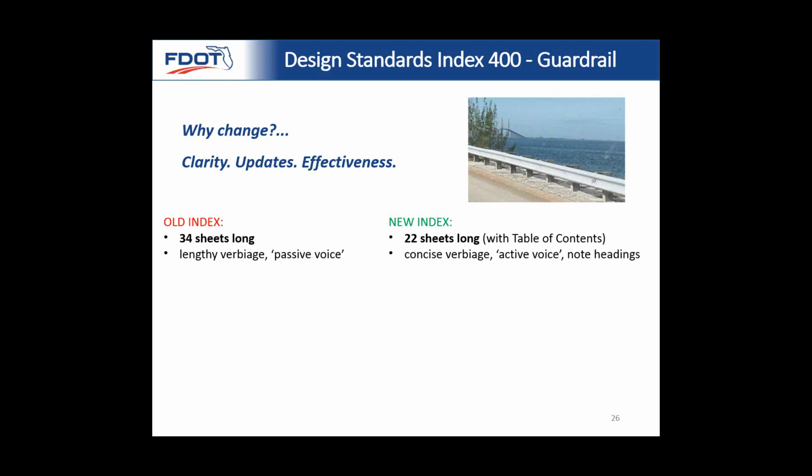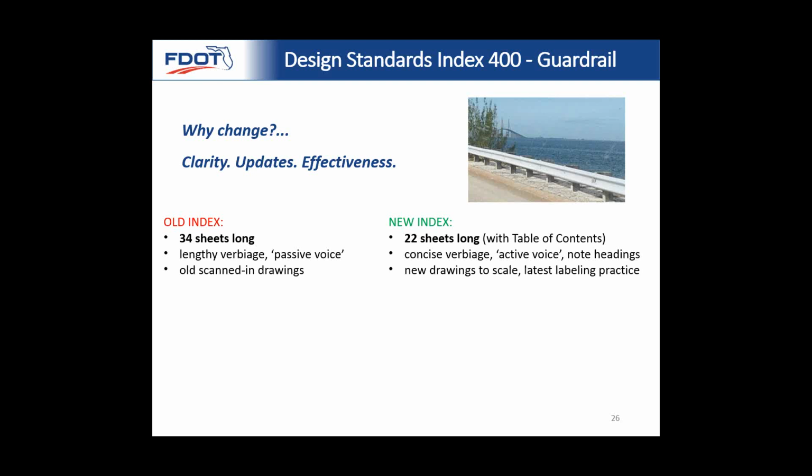So the old index, the general note sheet, was an 11 by 17 sheet of solid text. Now we've moved towards essentially making it a lot shorter. It's only about a third text now, and it has note headings for everything, so you can quickly hone in on exactly the topic you're looking for because it has headings per note. The old index had old scanned-in drawings from decades ago.